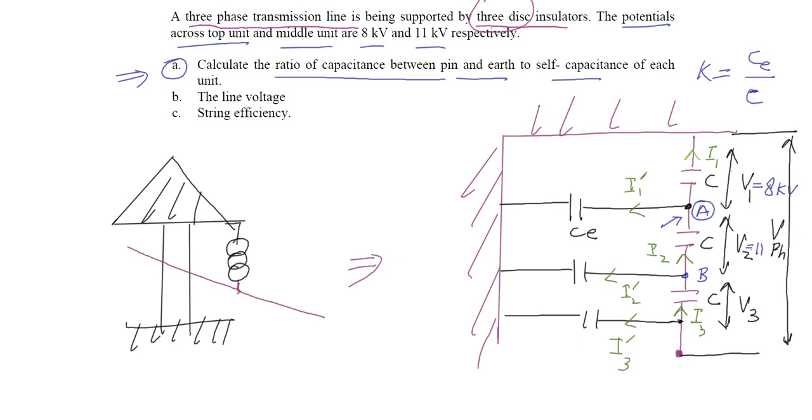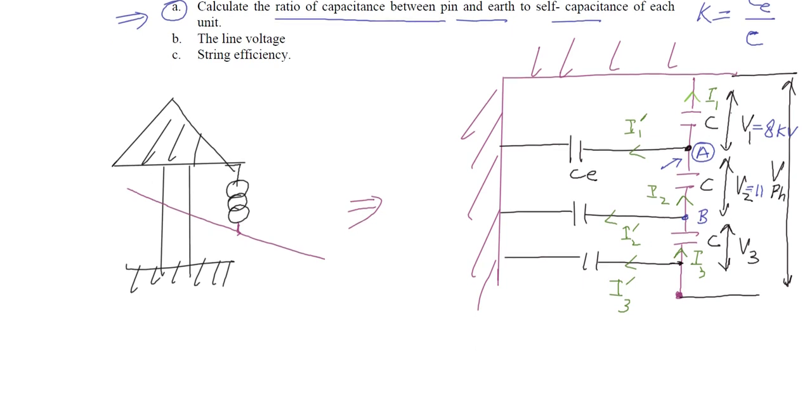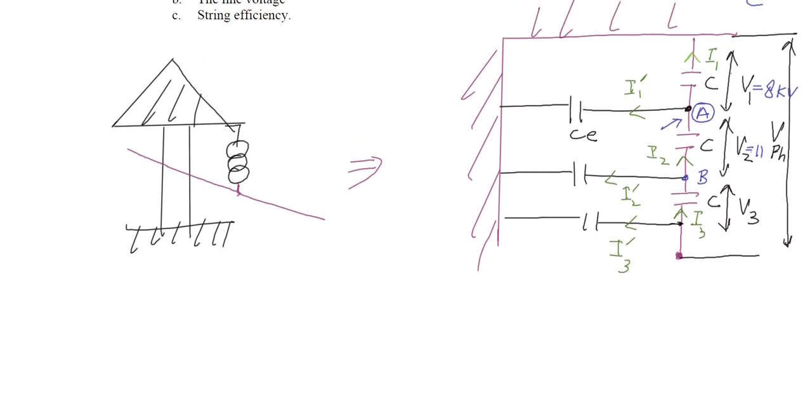Okay. Now if we apply KCL at node A, according to Kirchhoff's current law, sum of entering currents must be equal to sum of leaving currents.